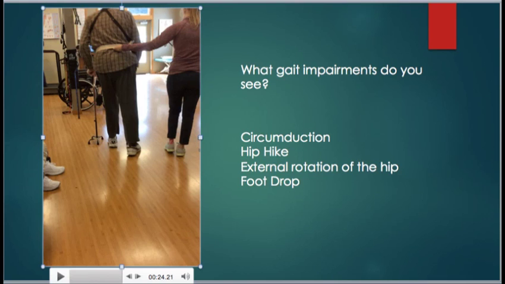The most notable impairments we see here are hip hike, hip circumduction, and external rotation of the hip. There's also a little bit of a foot drop noted on some of his steps.